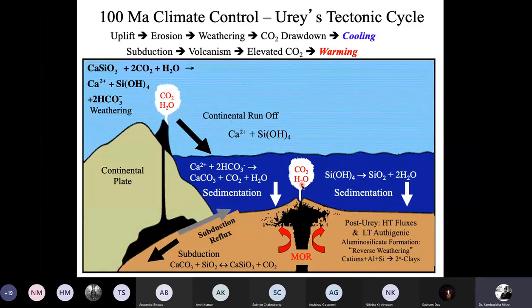So life cannot exist without plate tectonics. And the deep ocean, where the mid-ocean ridge system has hydrothermal vent systems, is considered the place where life originated on planet Earth.